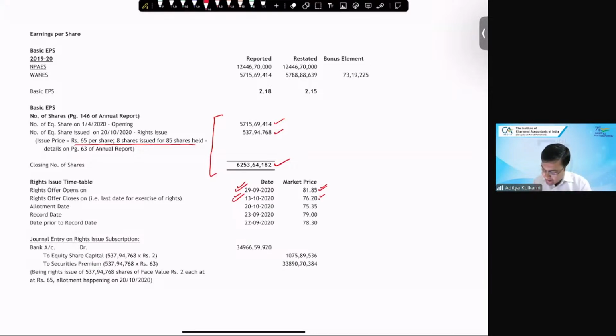And it is 76.2. Allotment date is 20th October when the price was 75.35. Record date is 23rd September at 79 and dates prior to the record date is 78.3. I have just taken all the dates possible for our understanding. Are you okay with the timelines? Yes. Are you okay up to here?